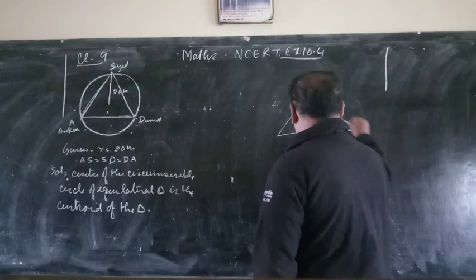Now what will we do, children? We will rationalize it. That is equal to 60 root 3 upon 3, which is equal to 20 root 3 meter. So a is the side of the triangle, which means SA is equal to AD is equal to DS is equal to 20 root 3 meter.